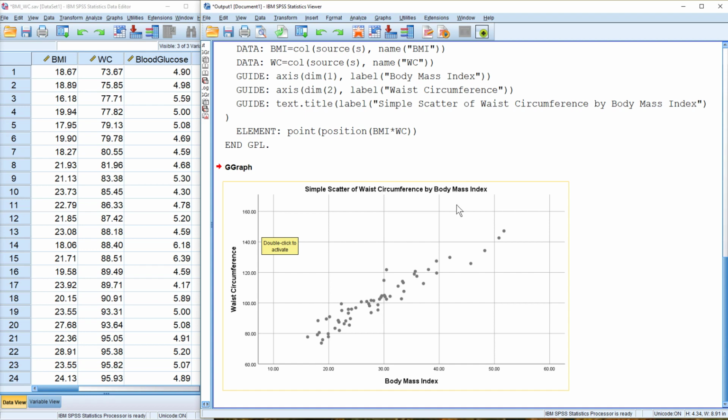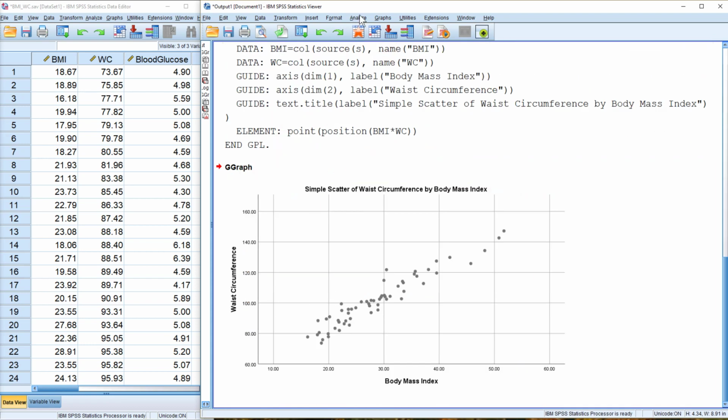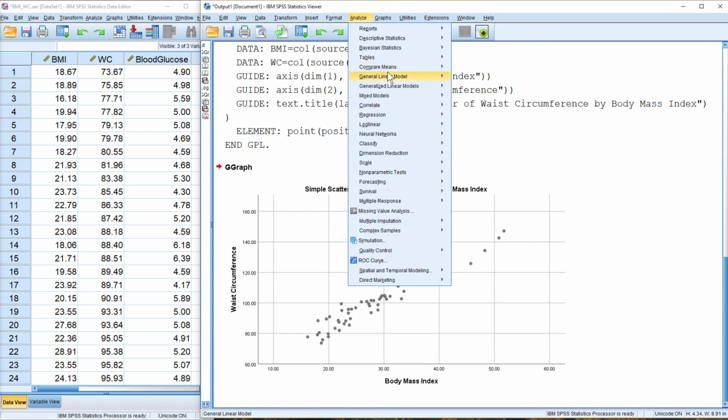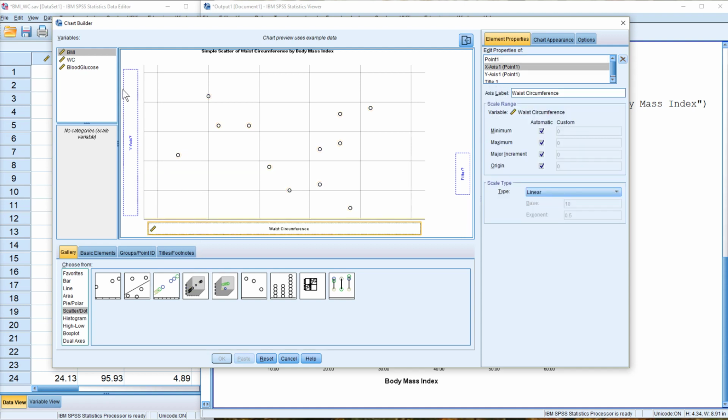Let's have a look at the other graph, which was waist circumference versus fasting blood glucose level. In Chart Builder, we're going to put waist circumference on the x-axis now and look at the relationship with blood glucose level. In this case, we would think that the two might be related, but they're both caused by some other variables to do with diet.